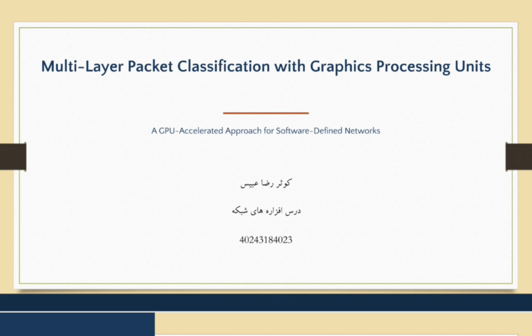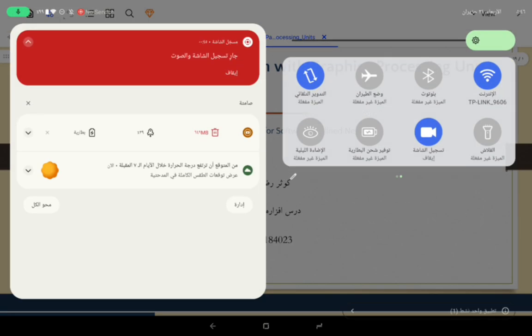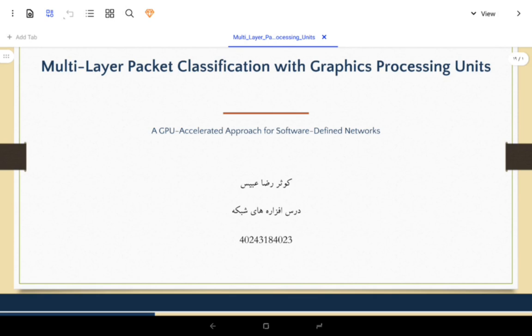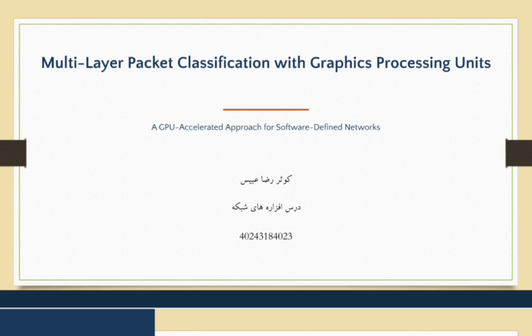Then the authors propose GPU-based classification methods and a system called G-Switch to optimize packet processing. The results show that GPU-based solutions achieve much higher performance than traditional CPU-based approaches.